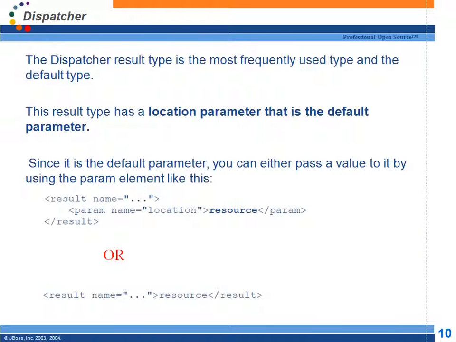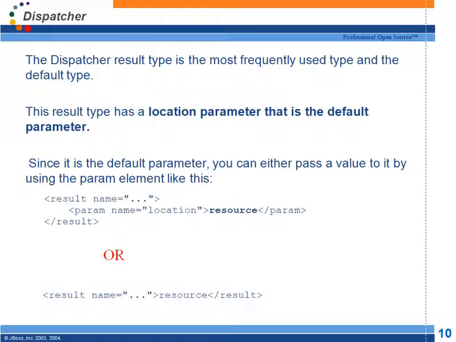Dispatcher you already know. The dispatcher result type is the most frequently used type and the default type. This result type has a location parameter that is the default parameter. So this is how you need to configure the result of the dispatcher. You can give a parameter for the location, or since location is a default parameter, you can just give the value.